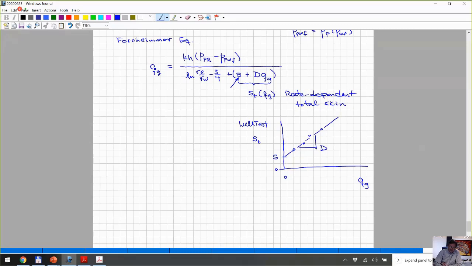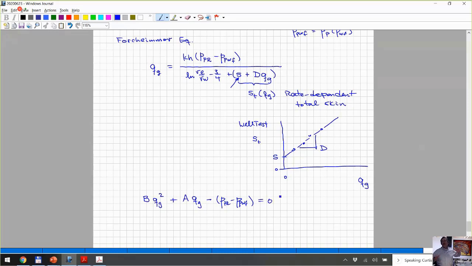Now that whole equation can be rewritten as, I never get it right, but I think it's B Q_G squared plus A Q_G minus the pseudopressure difference equals 0.